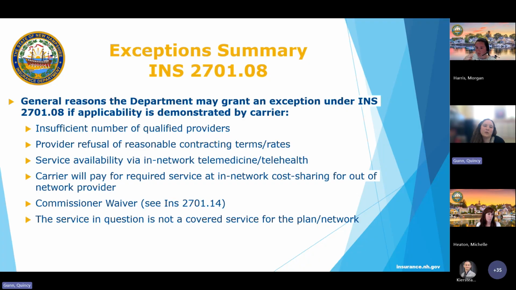But generally, the reasons we will grant an exception are if you can demonstrate that there's an insufficient number of providers in the area that you're looking at, or if there are providers that are refusing to accept contracting terms or rates for whatever reason, if that service is available in network for your plan with telemedicine or telehealth, or if you'll pay for the required service at in-network cost sharing for an out-of-network provider because there are no other in-network providers available in the area.